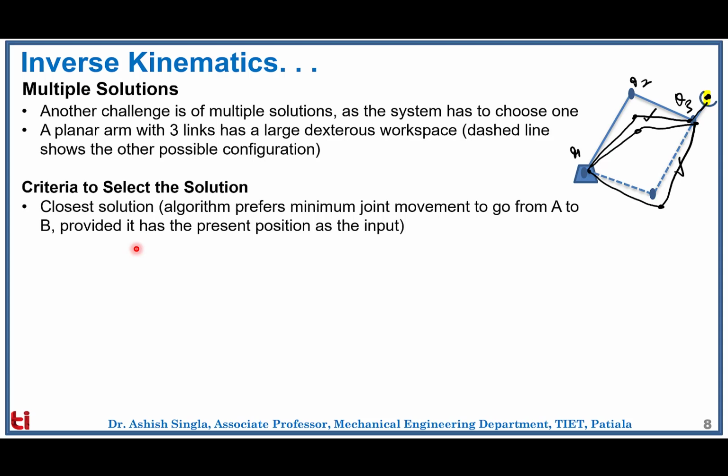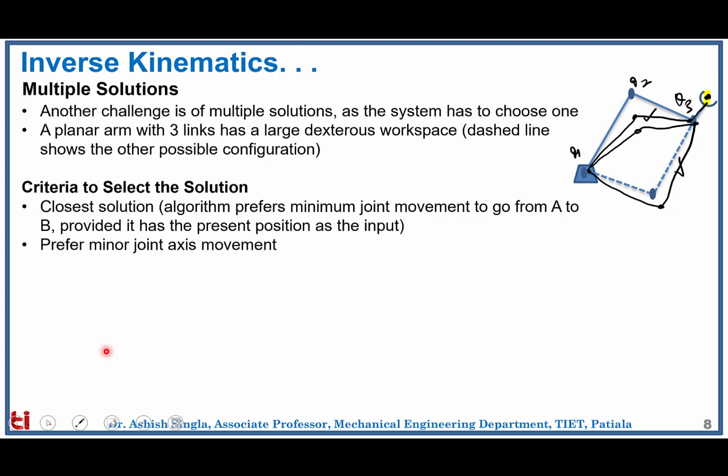So if the manipulator has to choose between this solution and this solution, based on the closest solution, this solution requires minimum joint movement as compared to this solution, so the algorithm should prefer the top solution.